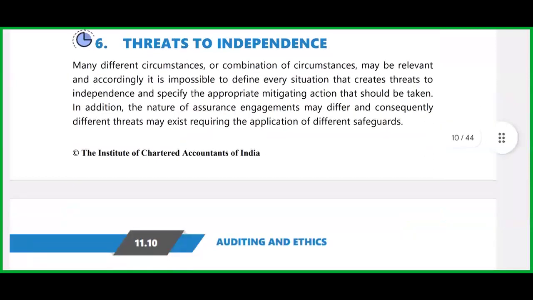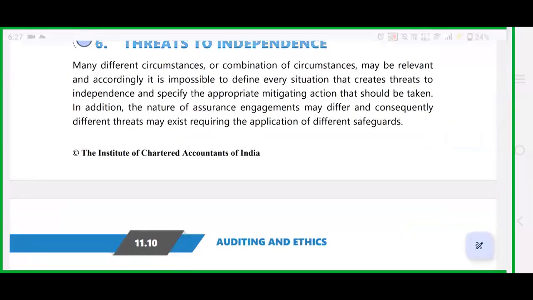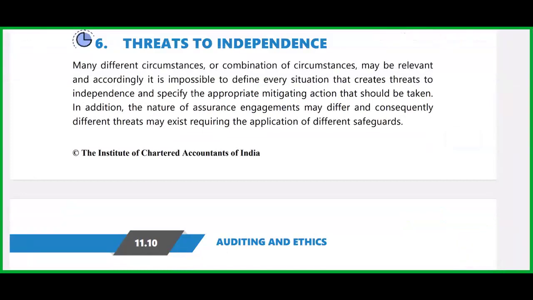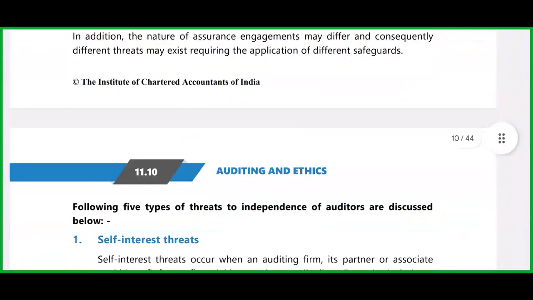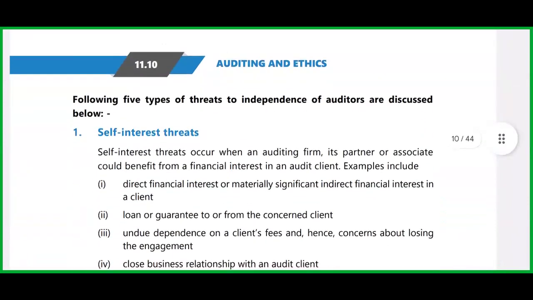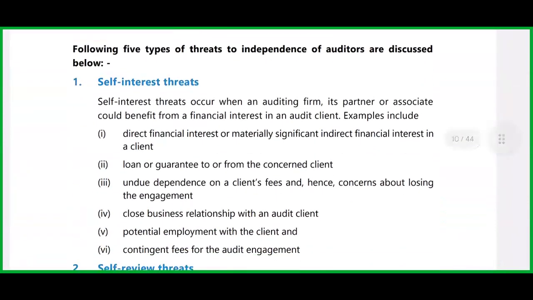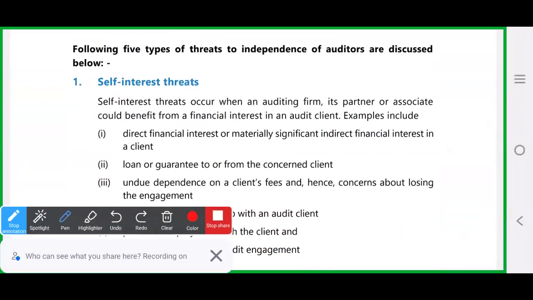Yeah. So there are possibilities that while conducting audit, there come various situations, different circumstances or combination that pose a threat to its independence. So there are five types of threats which are highly recognized out of experience. First is self-interest threat.